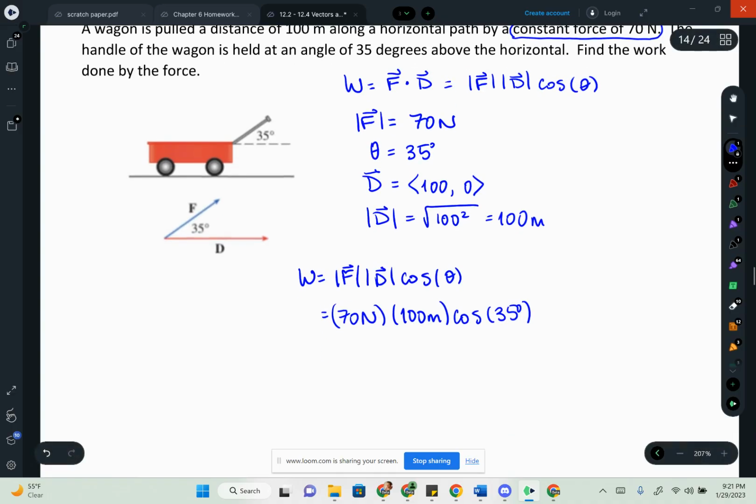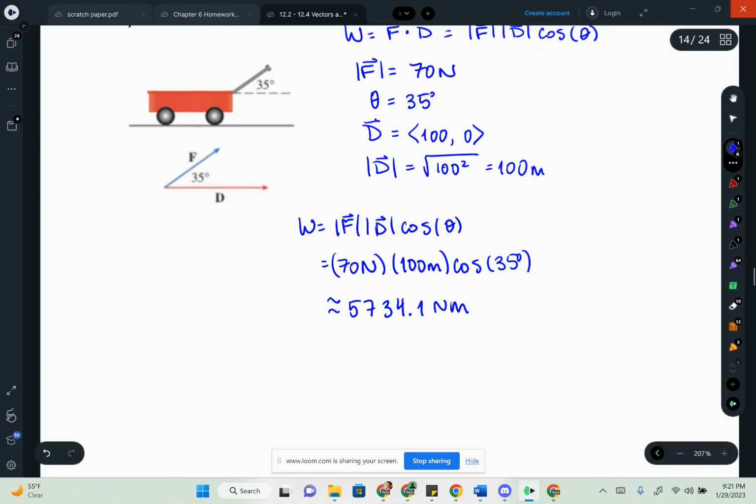And then I can pop this into my calculator, and this is going to give me approximately 5,734.1 Newton meters. And those of you who have taken physics may recognize Newton meters as joules. You can leave it either way, however you like.